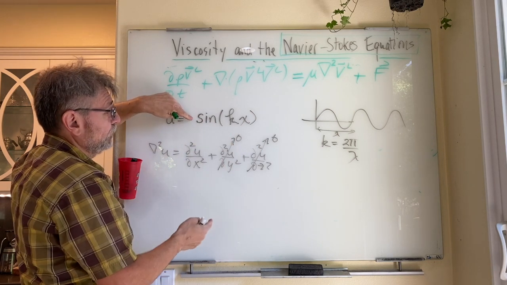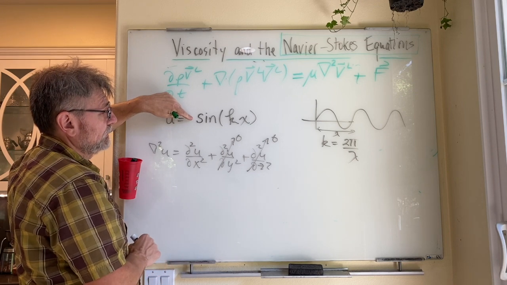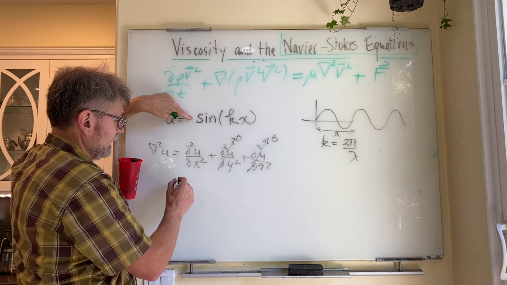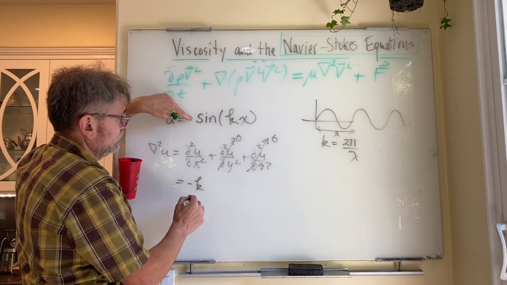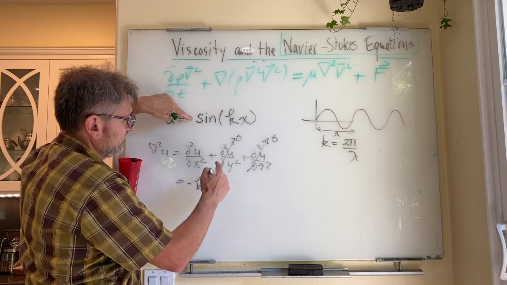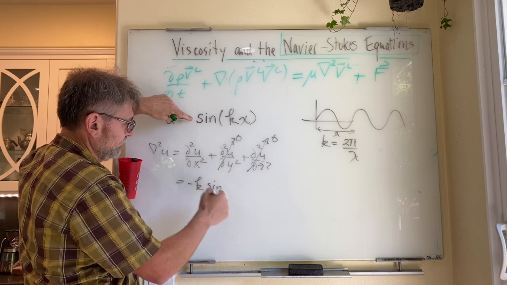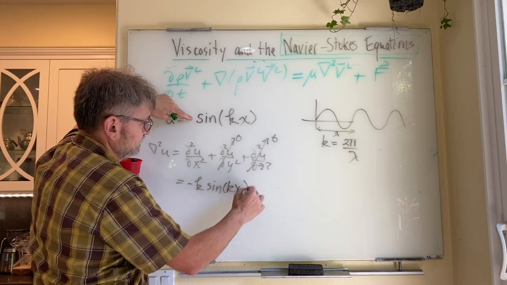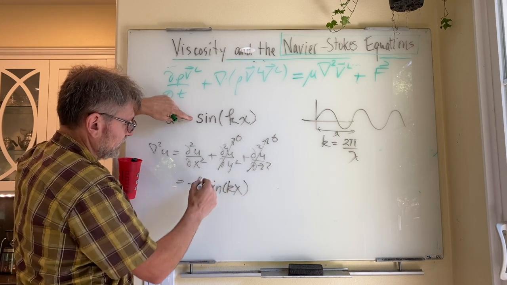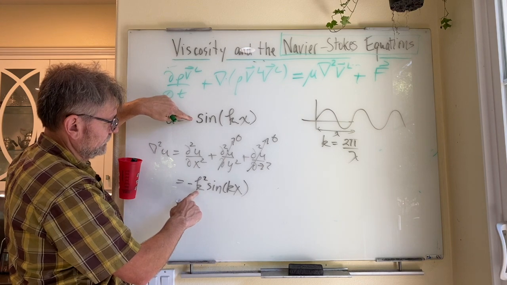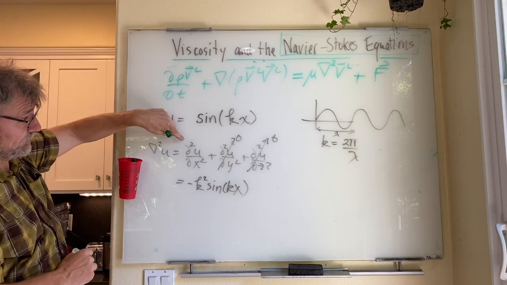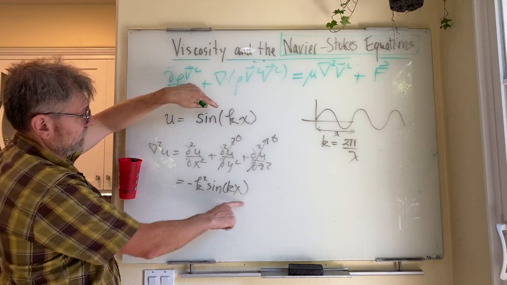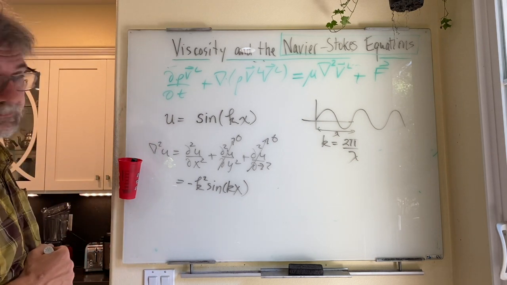And then the second derivative will pull out a k again with a minus. And so what I'll get is minus k sine, and I get back to the sine when I take two derivatives of kx. Each time I pop out a k, so I get a k squared. So the second derivative of this will give me minus k squared, and I get back the original function.